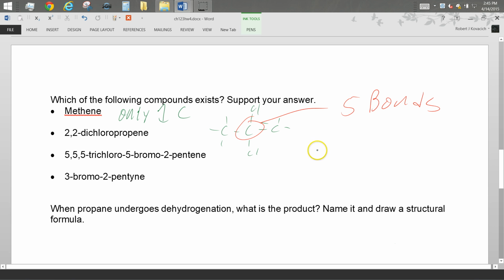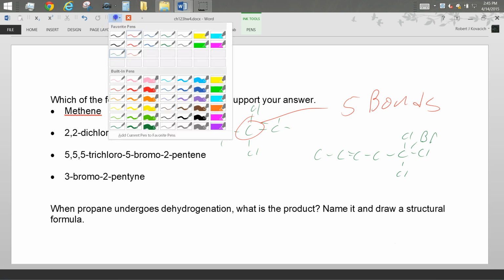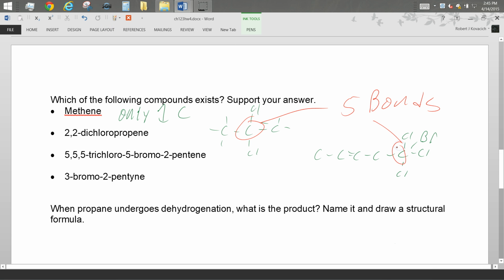So, all right, and then from there to there is a double bond, and then 1, 2, 3, 4, 5. Then I got a Cl, and I got a Cl, and I got a Cl, and I got a Br. Yep. So 5 bonds around that guy, and then pentyne. I guess that's what that would be.